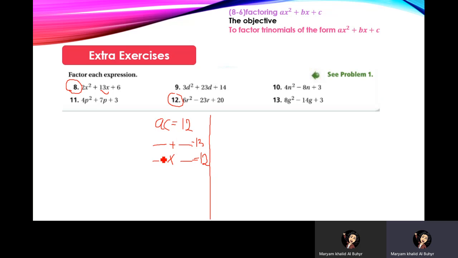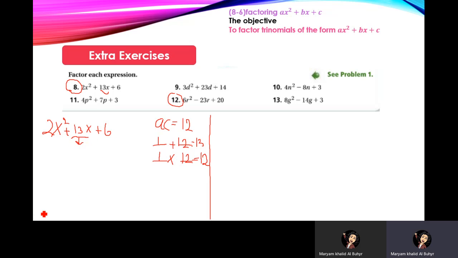That's so easy to think about. 1 times 12 will give me 12, while 1 plus 12 is 13. That's so easy. Now I can factor this part. All right, let me rewrite for you. 2x to the power 2 plus 13x plus 6. I will rewrite my question first.